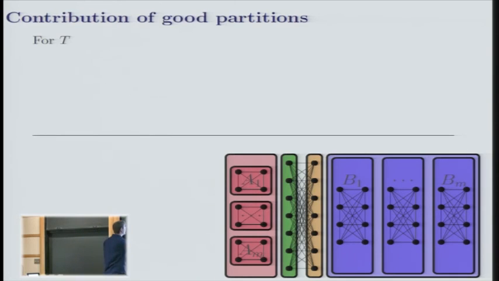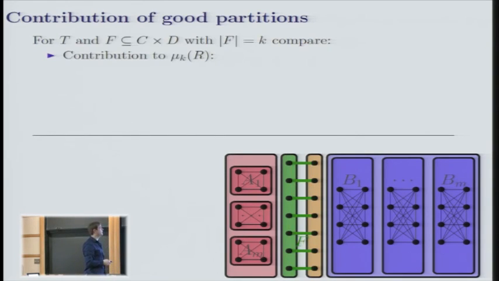And that is this slide. So let's imagine we fix a partition, and let's say we fix k edges that are running between the C and the D part. And I claim that the contribution of this partition with respect to the k measure is much larger than with respect to the 3 measure.